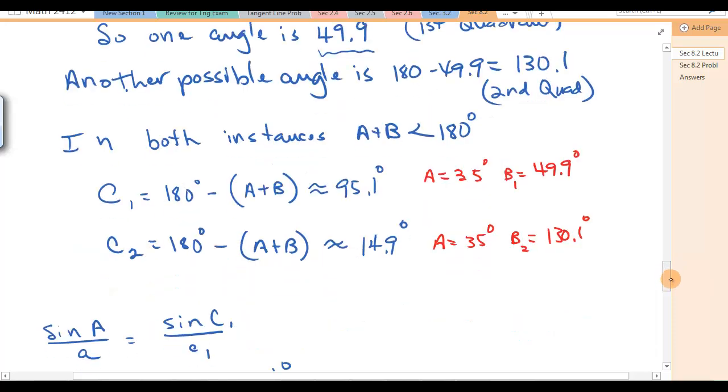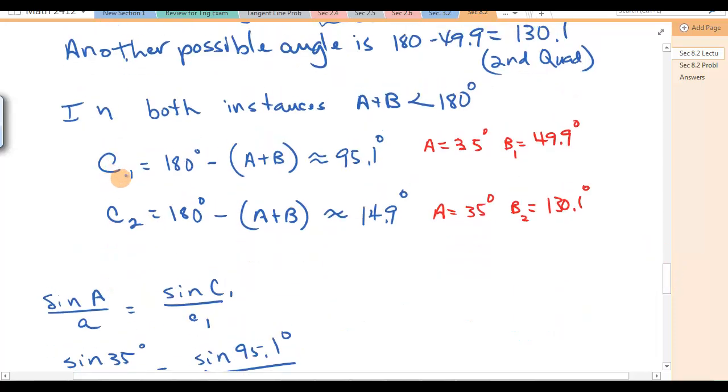Given that, C1, the third angle, is 180 minus our sum, and that gives us 95.1, using A as 35 and B as 49.9. Or 180 minus that sum could give us 14.9, if we're using A as 35 and B as 130.1. So we have two possibilities.